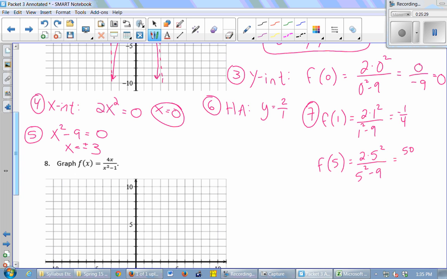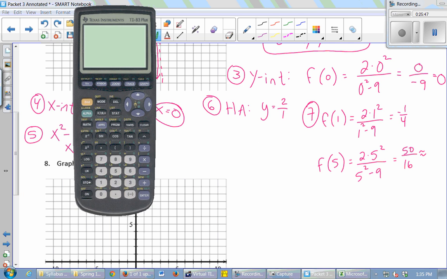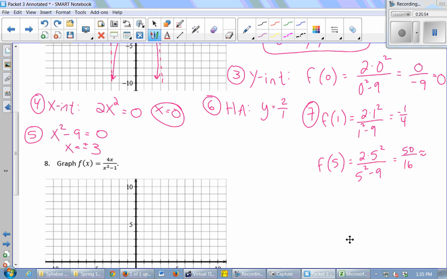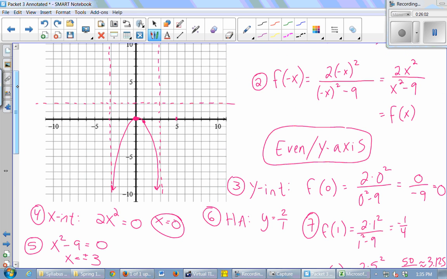So that's 50 over 16. I don't know, what is that? 25 over 8. Okay, I'll get a calculator. 3.125. Okay. All right, so 5 comma 3.125. A little bit more than 3.